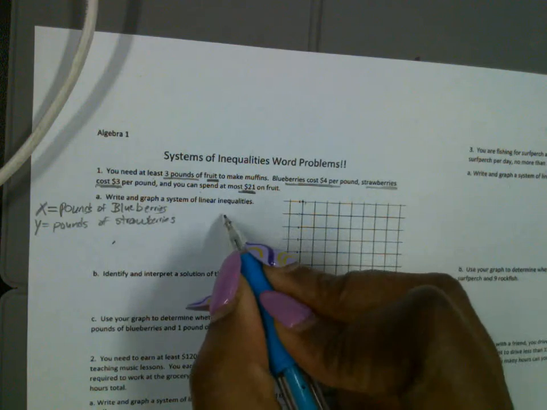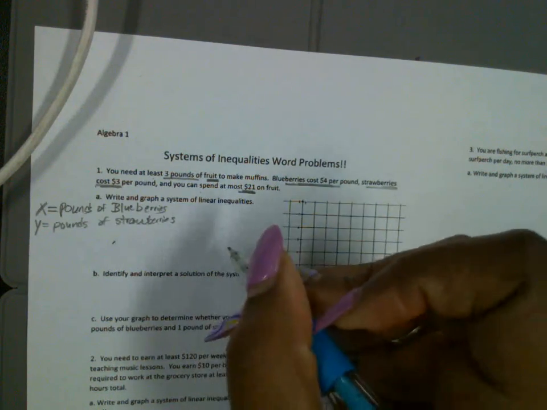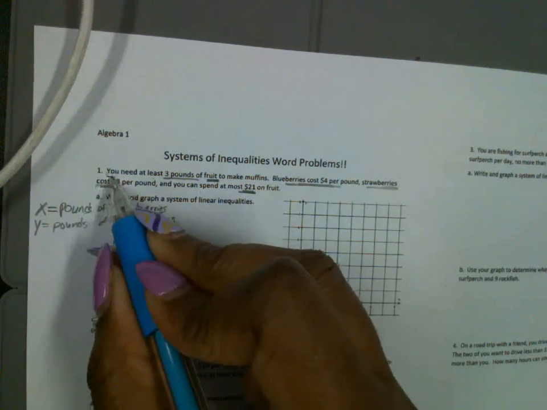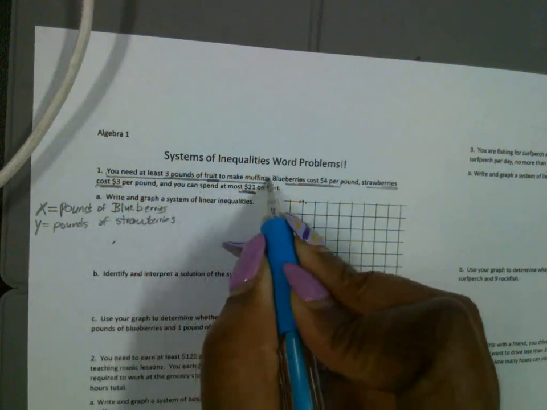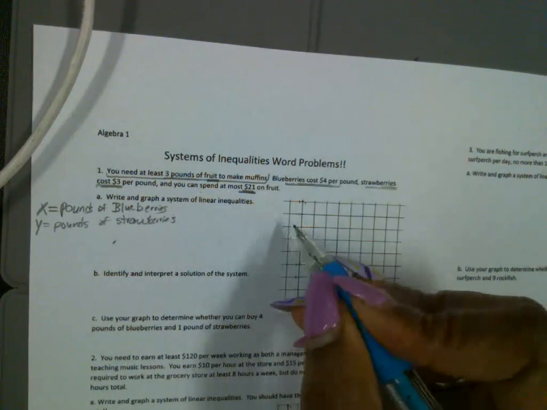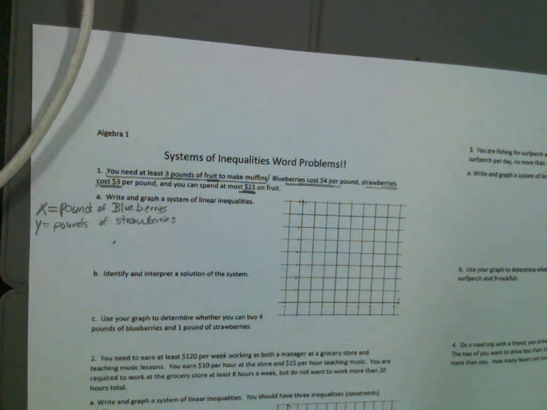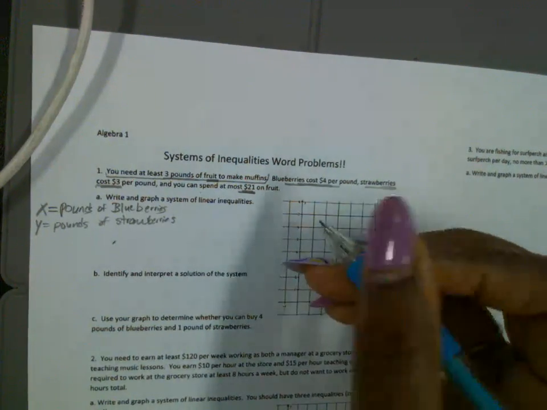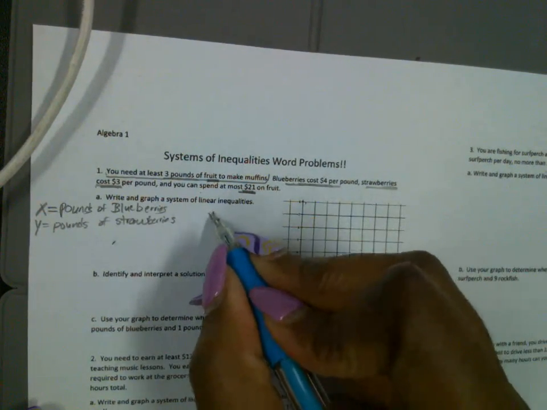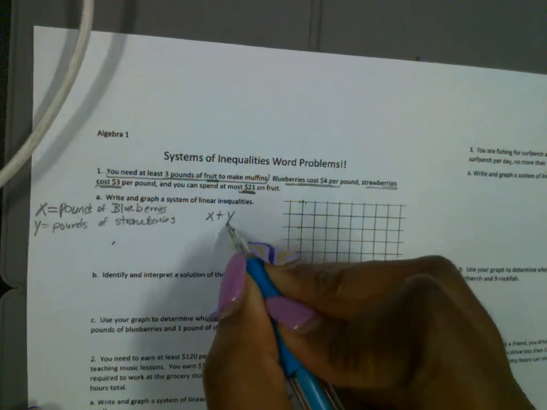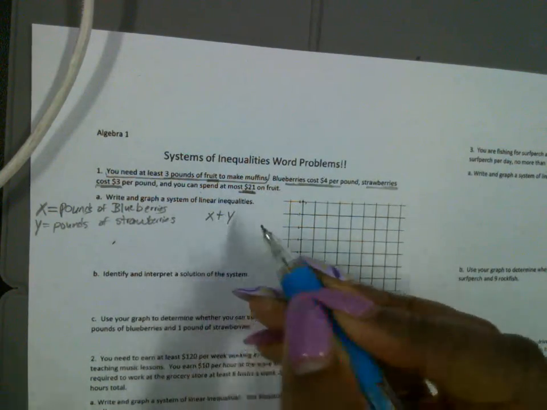So what do we do to write that inequality for the first sentence, that you need at least 3 pounds of fruit? Greater than or equal to? Yeah, but what's the whole inequality? We know it's going to be greater than or equal to. X plus Y, this X plus Y has got to be what?